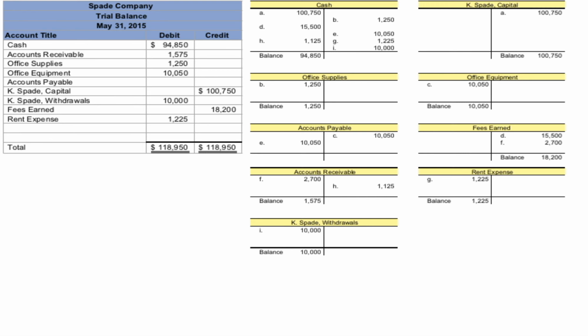So if you went to do financial statements, these two, obviously oversimplified, would be the only thing that made up your income statement. You have fees earned minus, obviously this is unrealistic, rent expense as your only expense. And so your net income would be 18,200 minus 1,225.